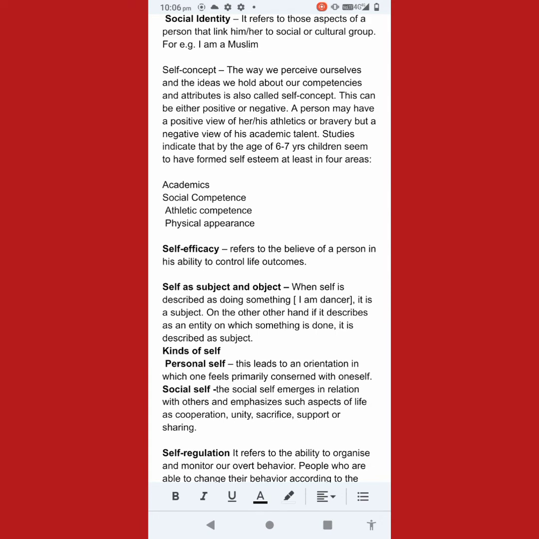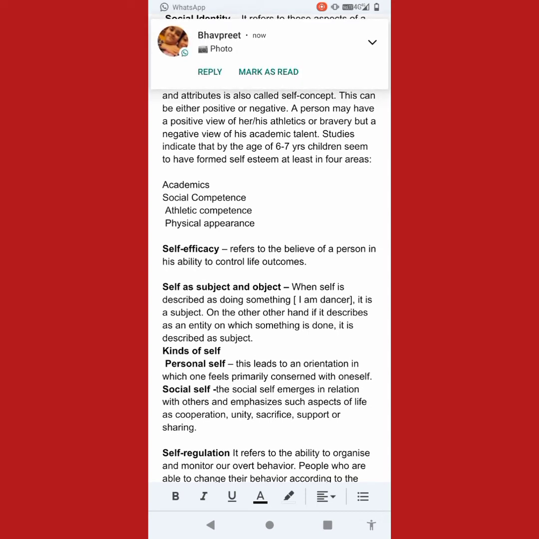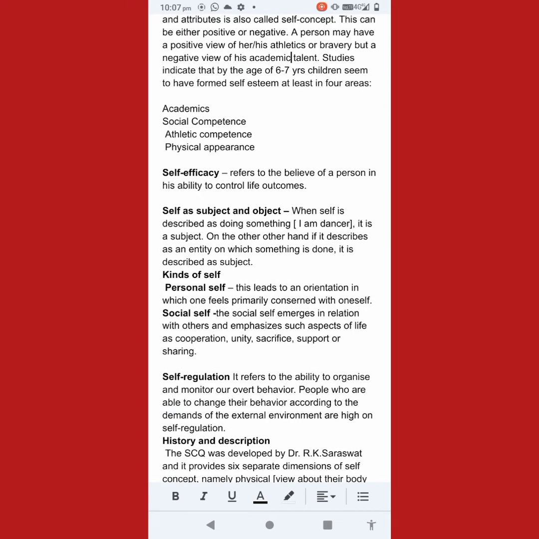Next, in this you can discuss the other concept of self, that is self-efficacy. Self-efficacy refers to the belief of a person in his or her ability to control life outcomes. There are certain people who would blame other events or other persons in their life. Self-efficacy refers to the ability of a person in which he holds himself responsible.